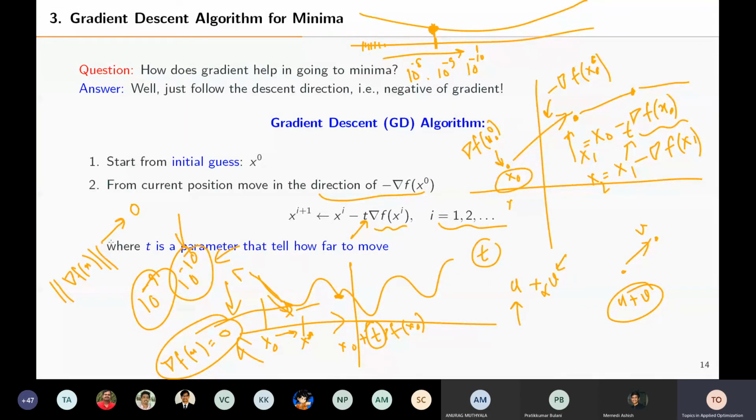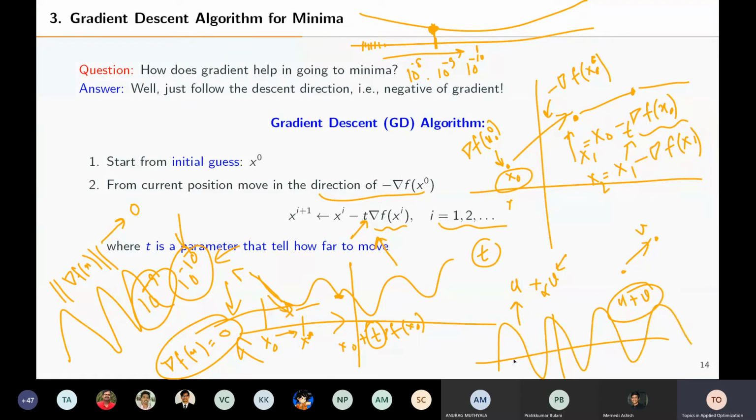In case it is not going to 0 and is oscillating a lot, then there are issues. One reason could be that your step length is a little bit too big, or the function itself has oscillatory behavior.